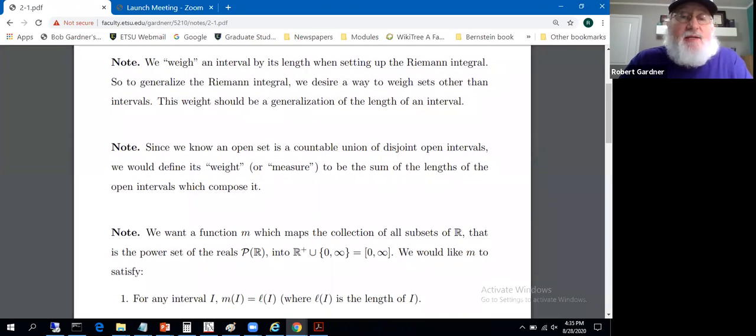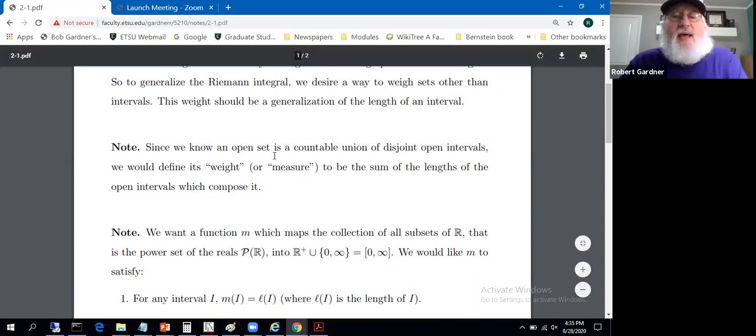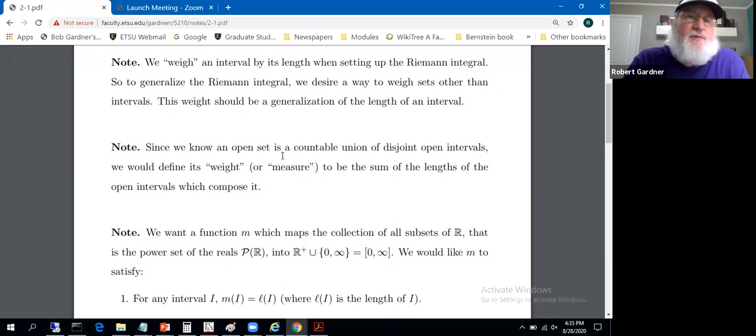Here's this idea again. We know an open set is a countable union of disjoint open intervals. So we might define its weight, an open set's weight, its measure, that's where we're going with this, to be the sum of the lengths of the open intervals which compose it.